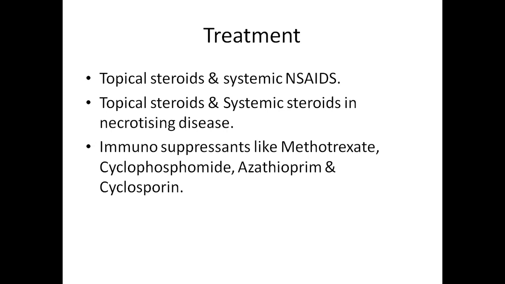So whenever you put the patient on immunosuppressant drugs like these, you should always take the help of the physician or rheumatologist. So from time to time they will be looking at the liver function tests and ruling out bone marrow suppression by doing repeated WBC counts and peripheral smear.